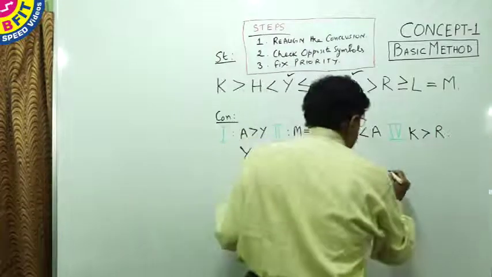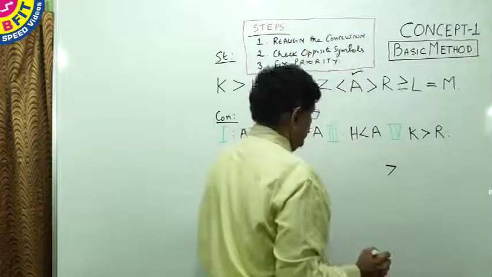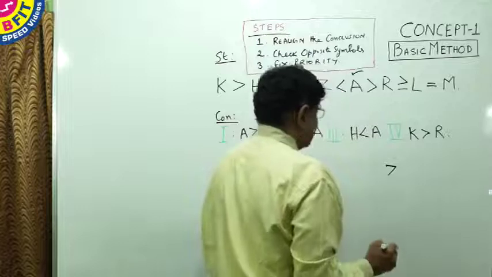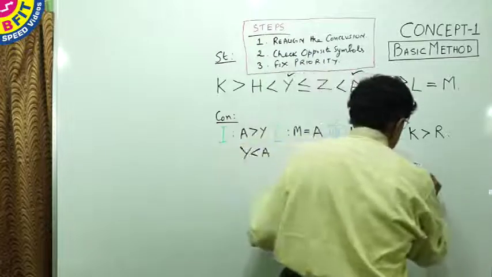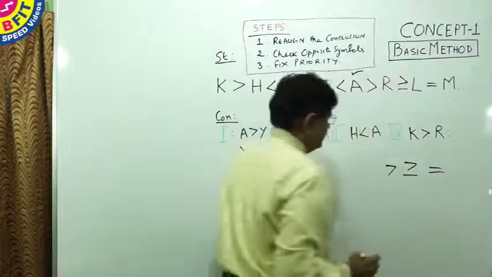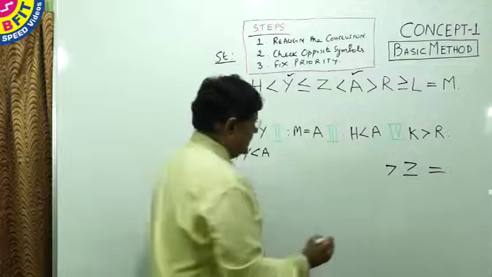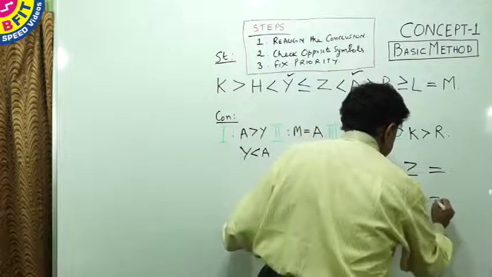There are 3 priorities: greater than, greater than or equal to, and then is equal to. Then less than, less than or equal to, and is equal to.